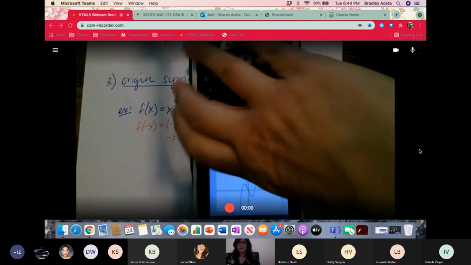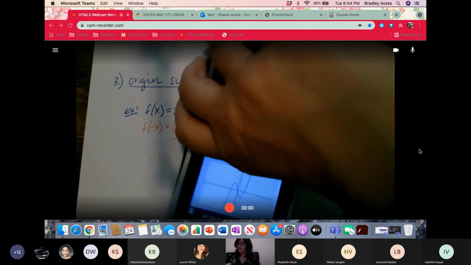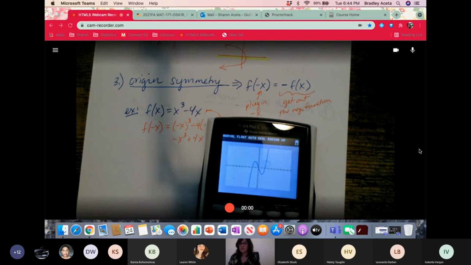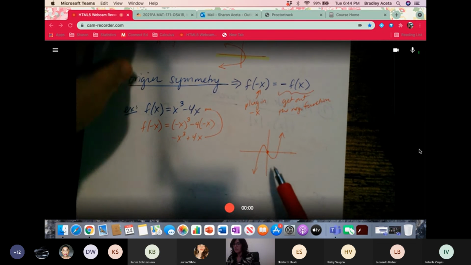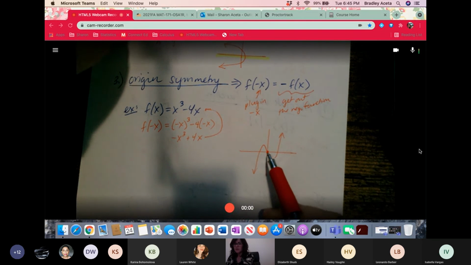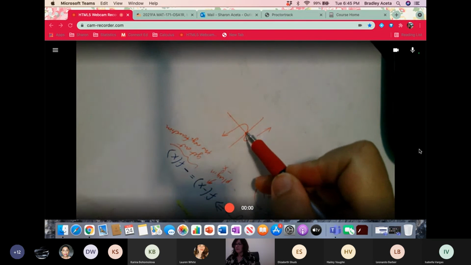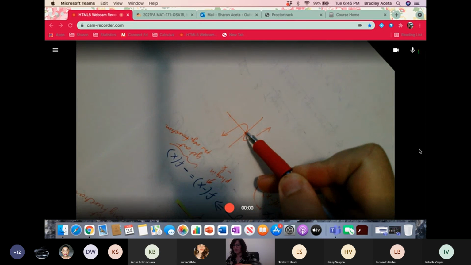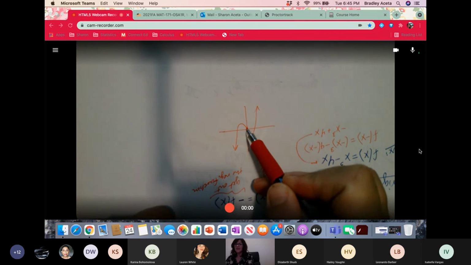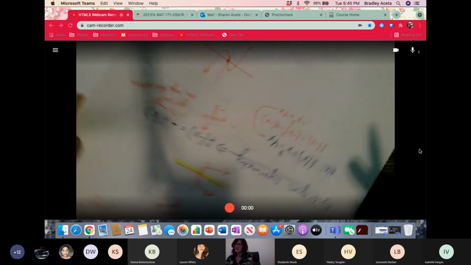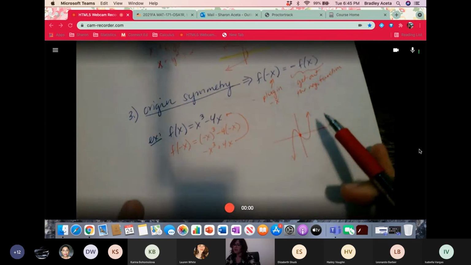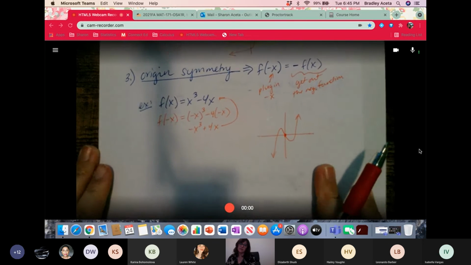Just go 180. Doesn't that look exactly like that? That means it has origin symmetry. Or if you're doing it from paper and you put your pen right here and the calculator's in the way, flip it upside down, that looks exactly like that. That's called origin symmetry.